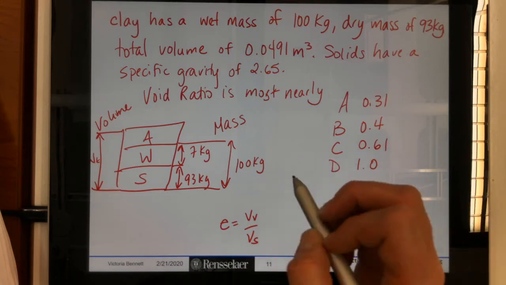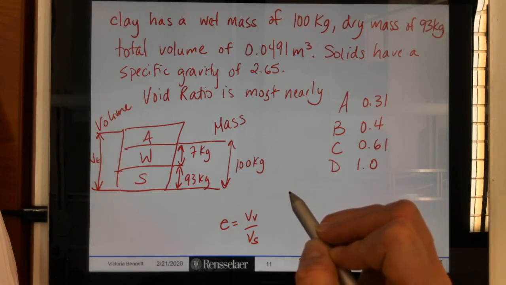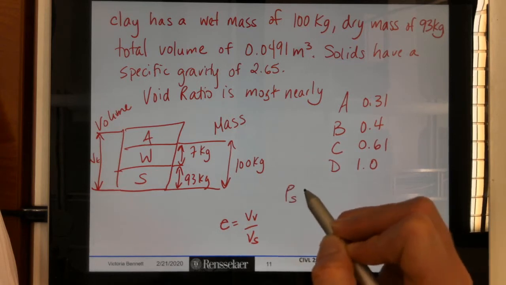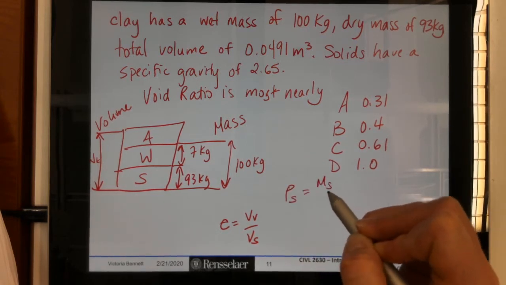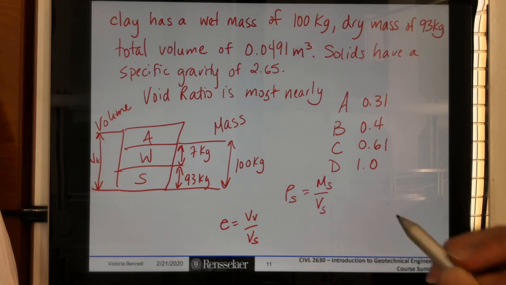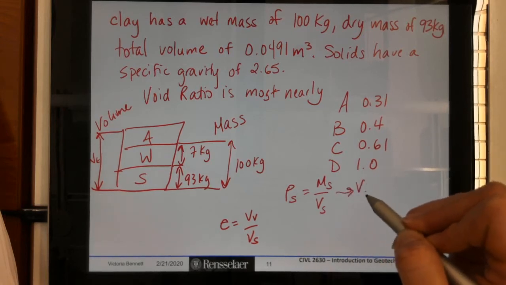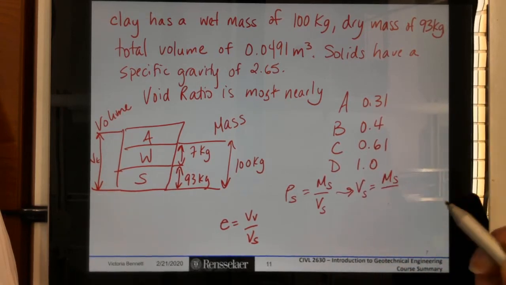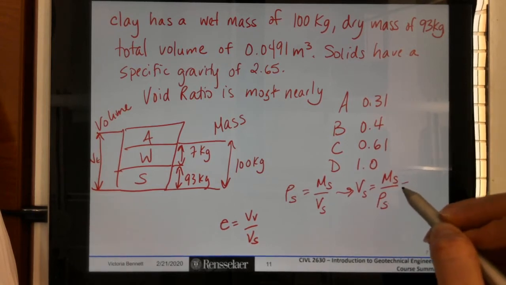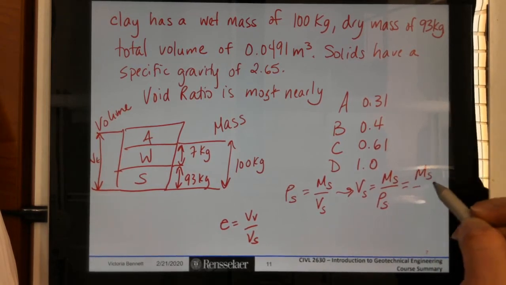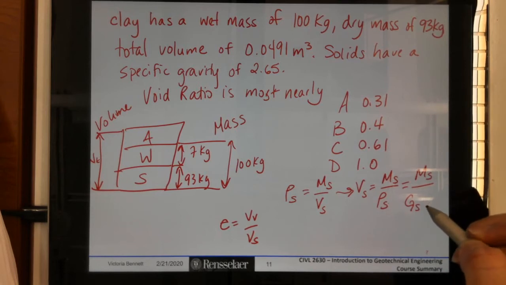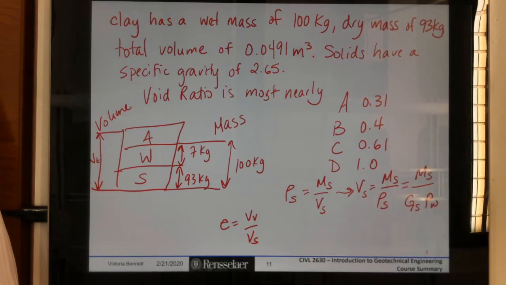So our density of solids is our mass of solids over our volume of solids. That means our volume of solids is our mass of solids over density of solids. That's specific gravity times the density of water.